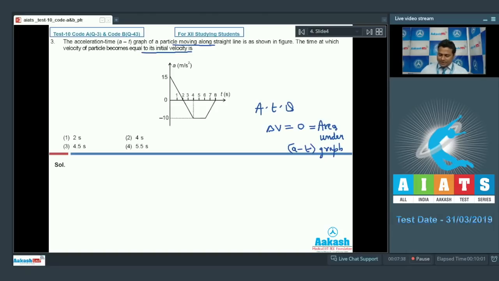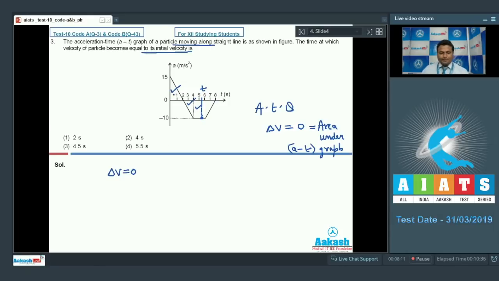Now let us suppose at any instant t, the initial velocity and final velocity both become equal. So let us calculate the area of the graph up to time t. What we will get? The change in velocity, which is 0, already given in the question, will be equal to the area under the a-t graph. Area will be what? The area of this triangle plus the area of this rectangle.